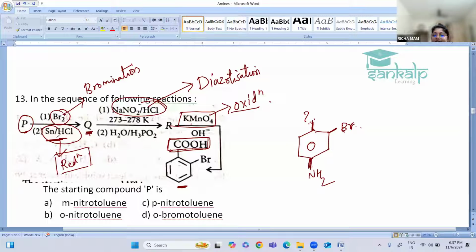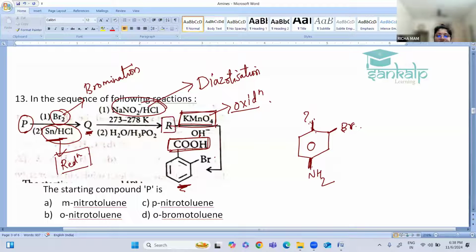So let us analyze it. We have to go in reverse. Let us go reverse now. Here you can see the last product, a bromo substituted benzoic acid, right? So before this, they have treated it with KMnO4 in the presence of OH. KMnO4 is used as an oxidizing agent.